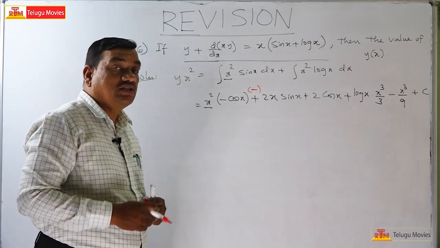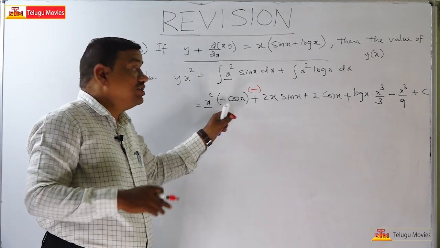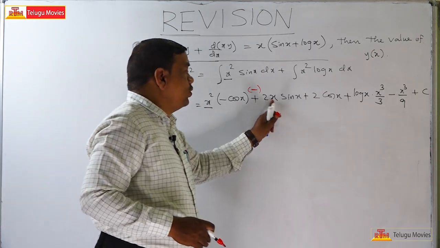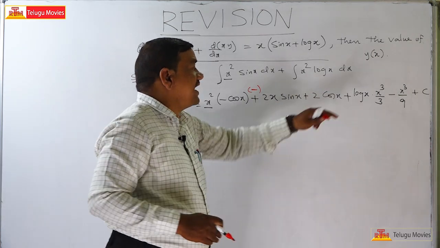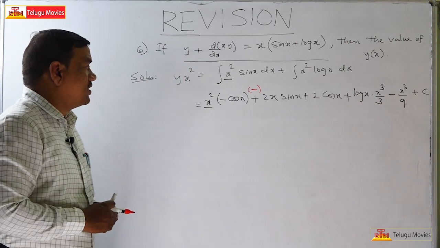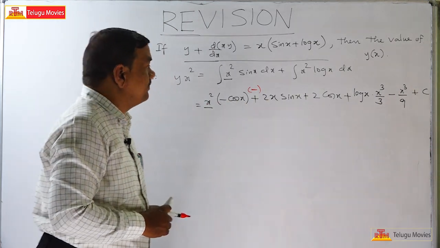Integral of cos x is sin x, already minus is there, minus into minus plus 2x sin x. Again 2x derivative 2, integral of sin x is cos x. So again minus, plus 2 cos x will come.